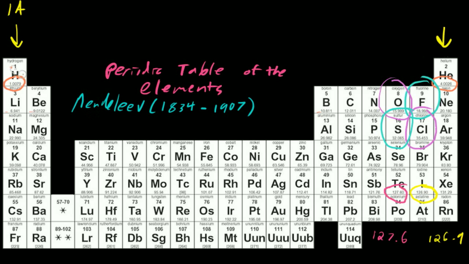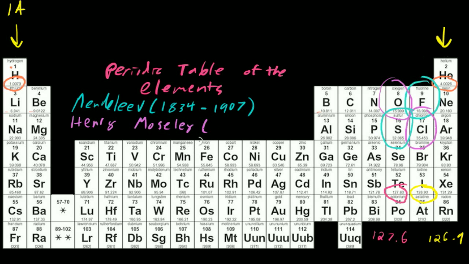ascending atomic number. And so you might also ask, well, who did that? If Mendeleev didn't order his periodic table by ascending atomic number, who did? The name of the chemist that did that was Henry Moseley. And in case you want to know the dates, I thought I had written them down.